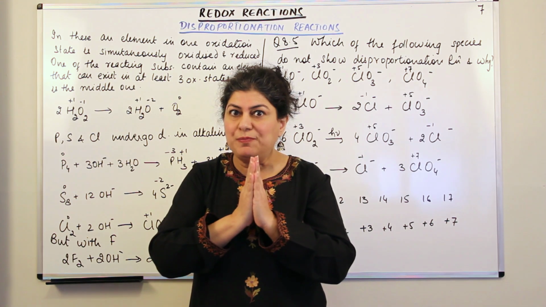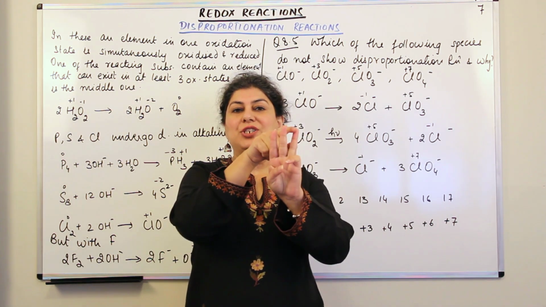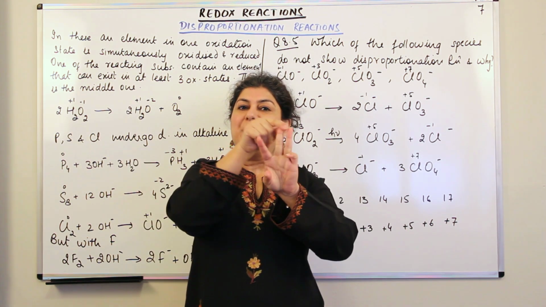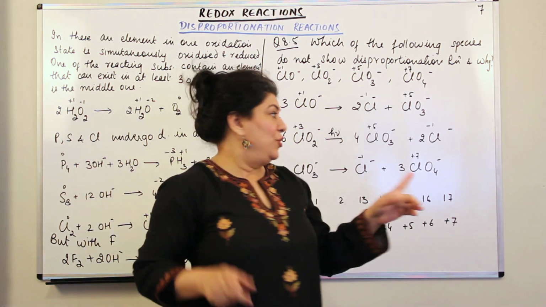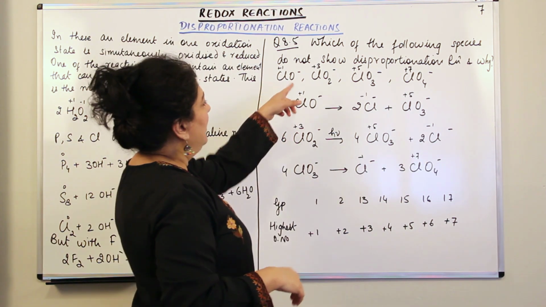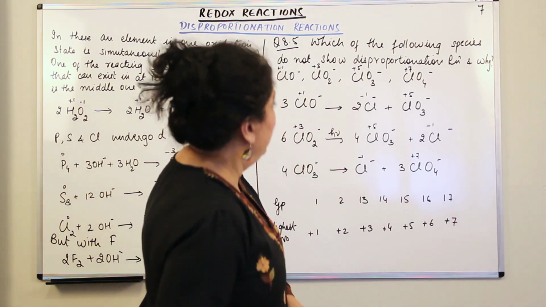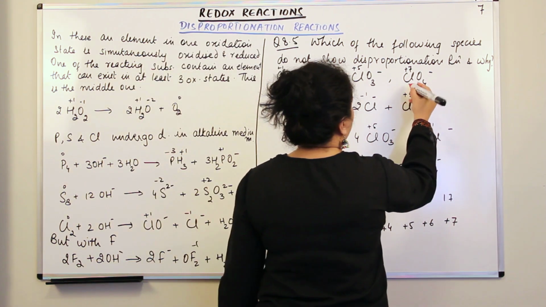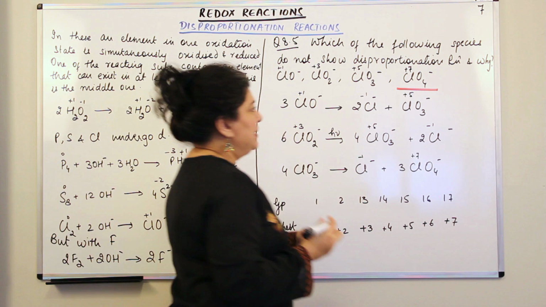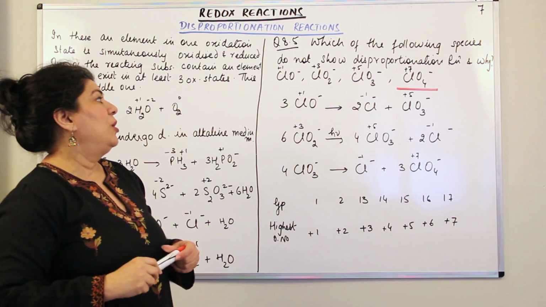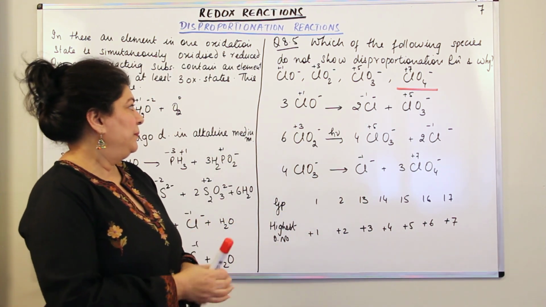It can only disproportionate if the oxidation state on the reactant side is somewhere in between. So out of all of these species, it is ClO4⁻, which has an oxidation state of +7, and this would not disproportionate.